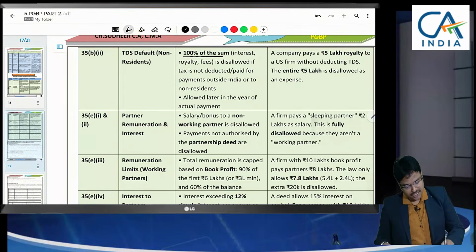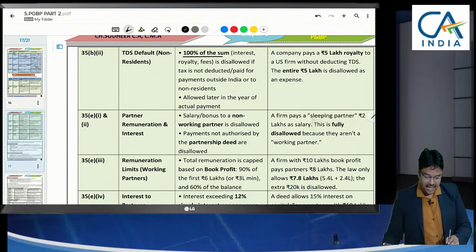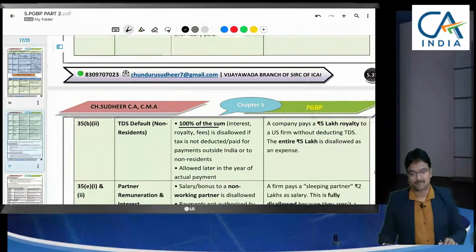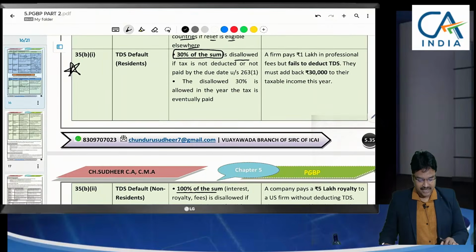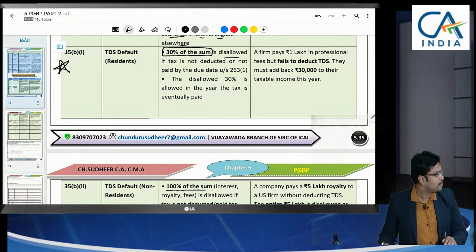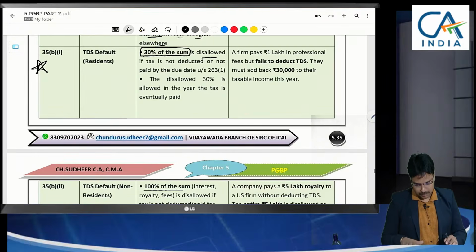For a non-resident, if you do not deduct TDS, 100% of the expenditure will be disallowed. Wherever the TDS provisions are applicable, if you do not comply with them, then disallowance comes. Let me tell you practically.